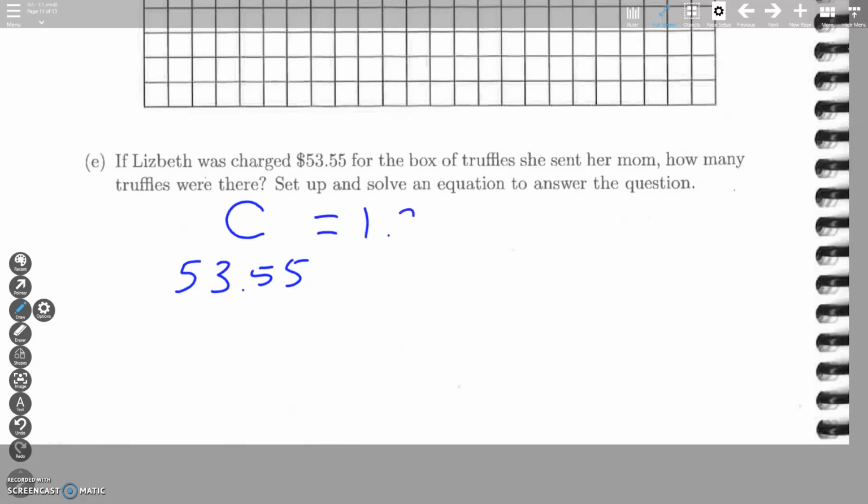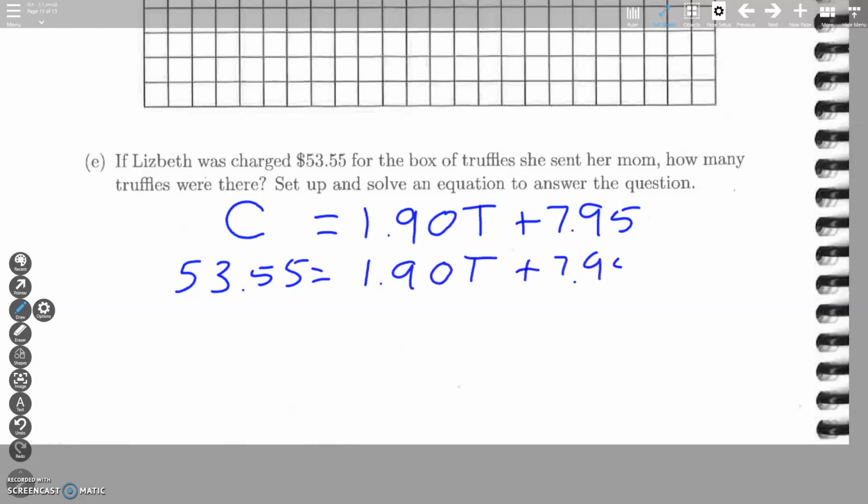And since I'll recopy the equation down here. Let's try that again. $7.95. We'll put in $53.55 for that amount, and now we're going to work backwards, just like we did with the truck equation, to calculate how many truffles were in that box. And I'm going to split the left side and right side again. We're going to take off the shipping cost of $7.95.